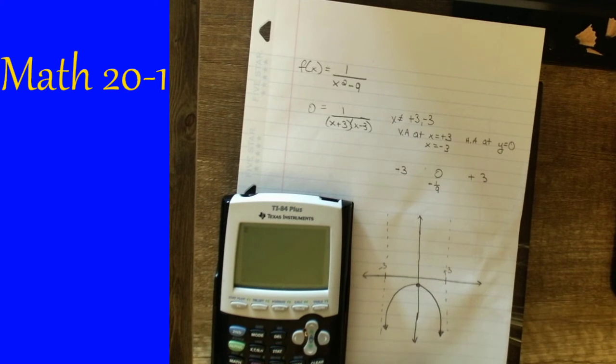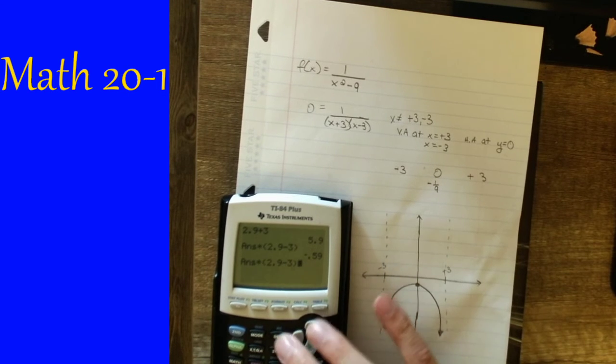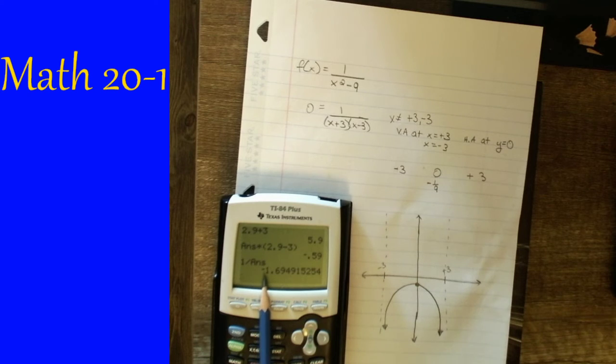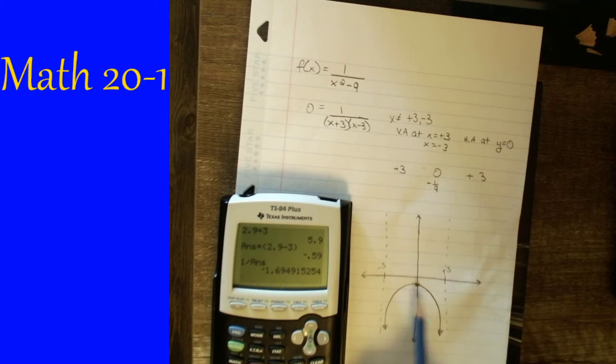Maybe we try 2.9 plus 3, and we get still negative, just below 2 here. So I think what's important to note is that it's still negative, and it's getting bigger.